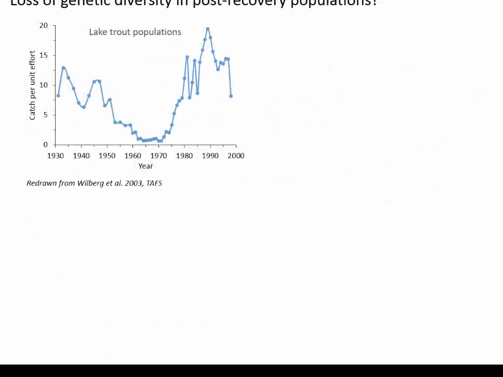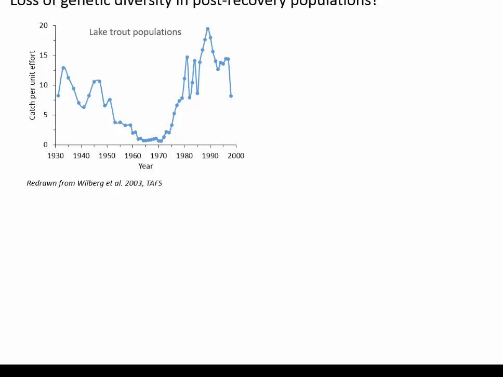The other idea is it could be a loss of genetic diversity in post-recovery populations. So maybe the really fat morphotype, they died off because of sea lamprey or overfishing, and so they're not in the population anymore.